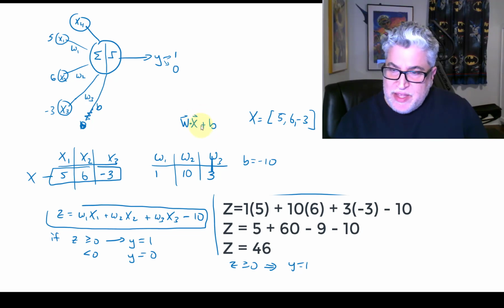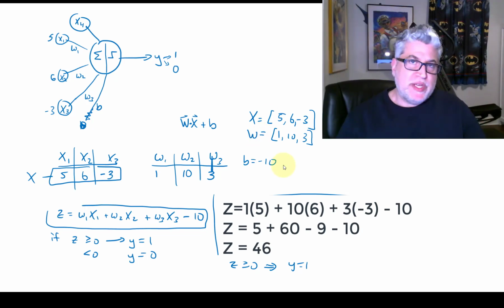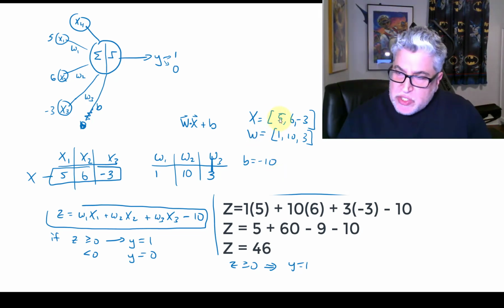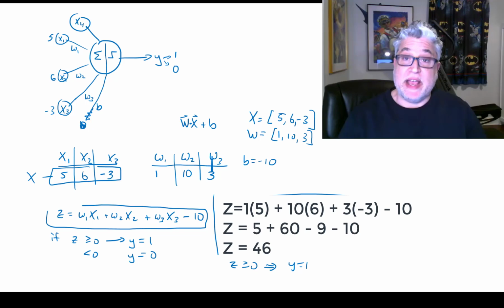We're going to take this list of numbers, 1, 10, 3, and then the dot product between two lists of numbers, you're going to just take the corresponding elements and multiply them by each other, and then add them up. So it's 5 times 1 plus 6 times 10 plus negative 3 times 3, which is this part right here. And then you just add on the B, which is, subtracting it, adding a negative 10.